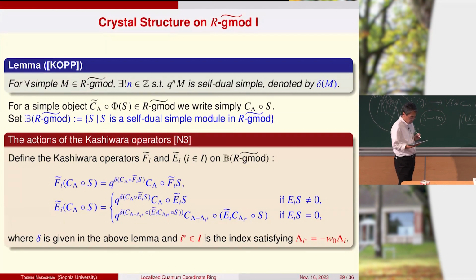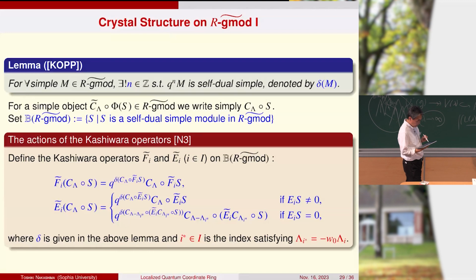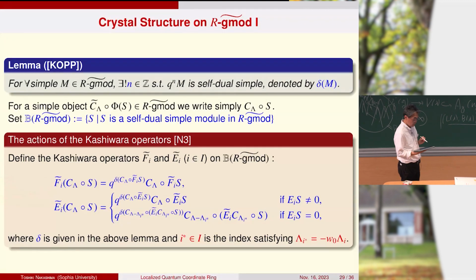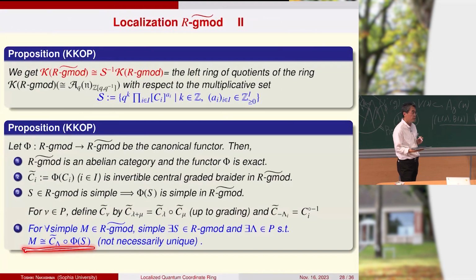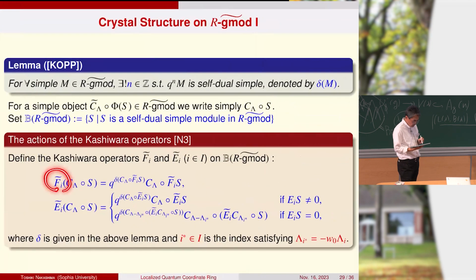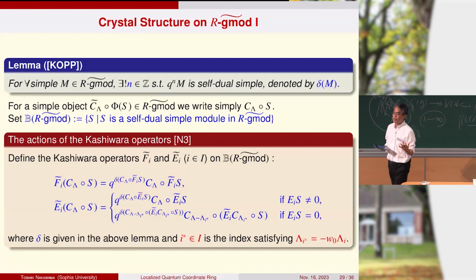Then we define the Kashiwara operators fi tilde, ei tilde like this. Here we have this expression, as I said. Any simple object has such an expression. Then fi tilde indeed acts on here, not here. This action is already given by Lauda and Vazirani.